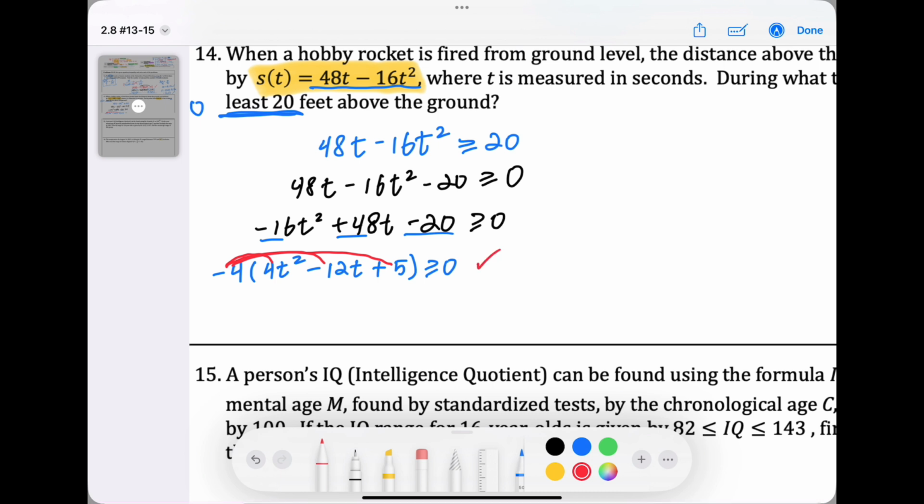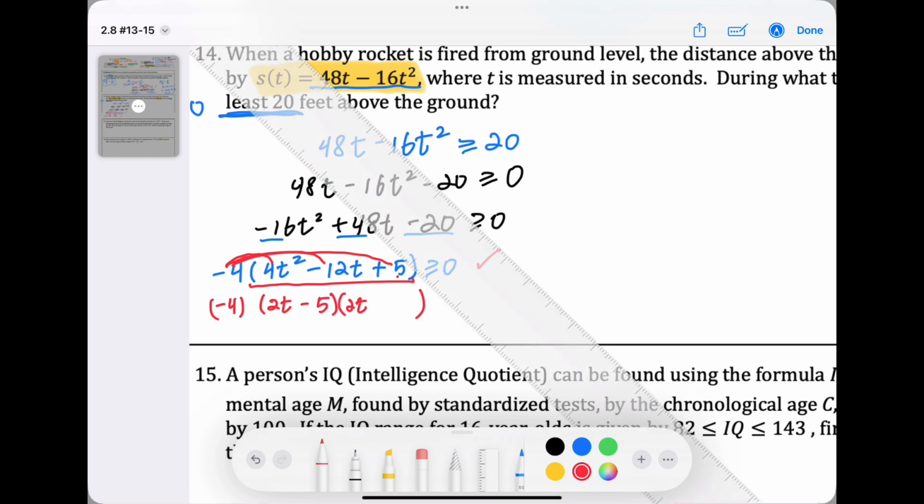So therefore, I can continue the factoring. I know that -4 is just a number, leave me alone, but I can factor this part. What two numbers multiplied together give me 4t squared? That will be 2t times 2t. And what two numbers multiplied together will give me 5 and also give negative 12 when I add them? I'm going to say negative 5 times negative 1, because negative 5 times negative 1 is positive 5.